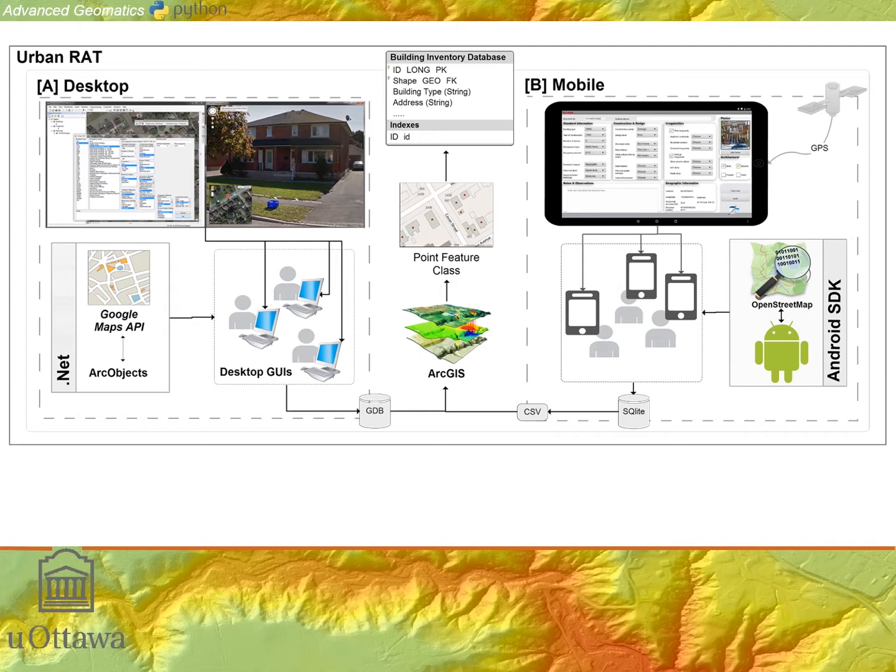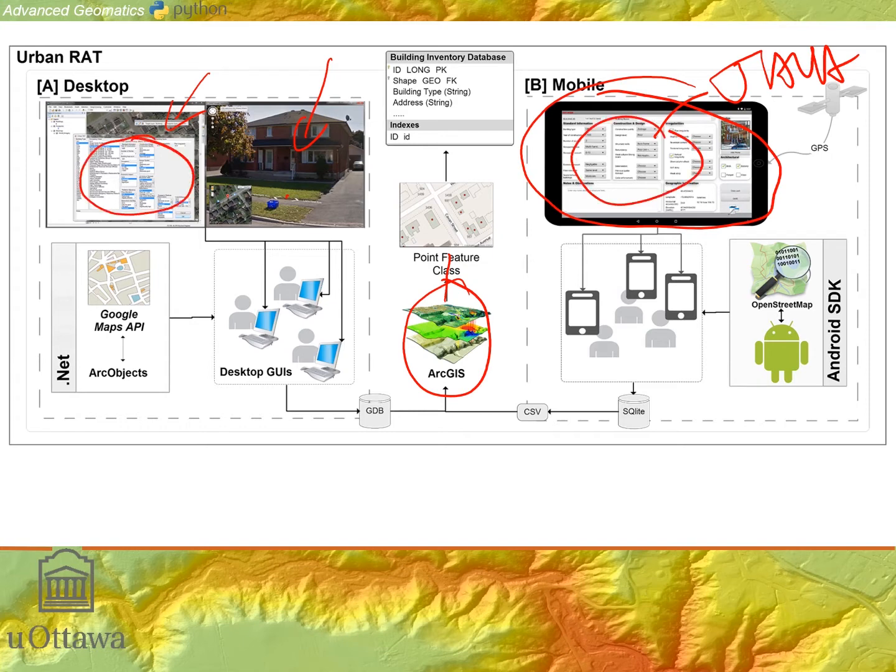So it integrates desktop components in ArcGIS that use Google Street View, mobile data collection platforms that are built in Java, and integrates them all in ArcGIS so that someone can either be out in the field looking at a primary building or looking at the building in Street View, and the information that they're collecting is the same. And that's all integrated in ArcGIS.